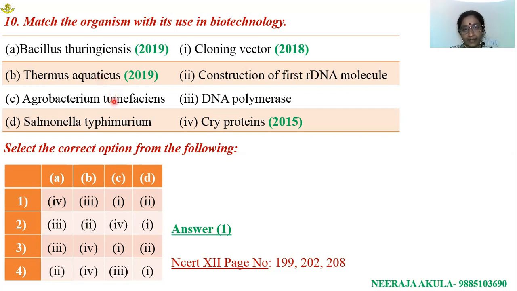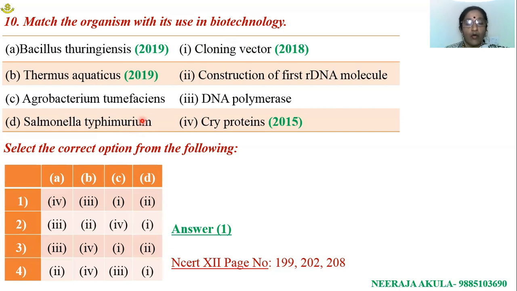Agrobacterium tumefaciens is a pathogen of several dicot plants, and it has the ability to deliver a particular type of plasmid known as Ti plasmid, which consists of a sequence of genes which induces cell division. Nowadays, the tumor-inducing plasmid of Agrobacterium tumefaciens is modified into a cloning vector.